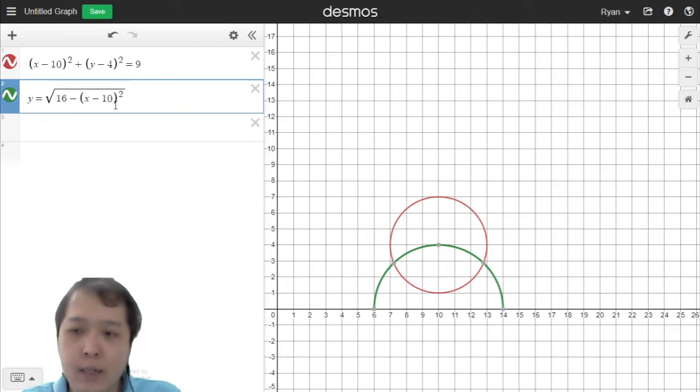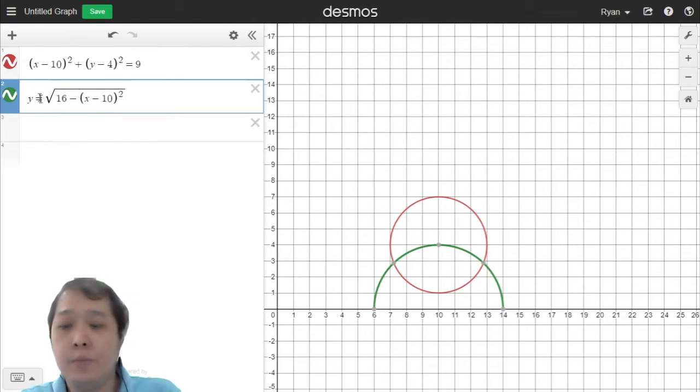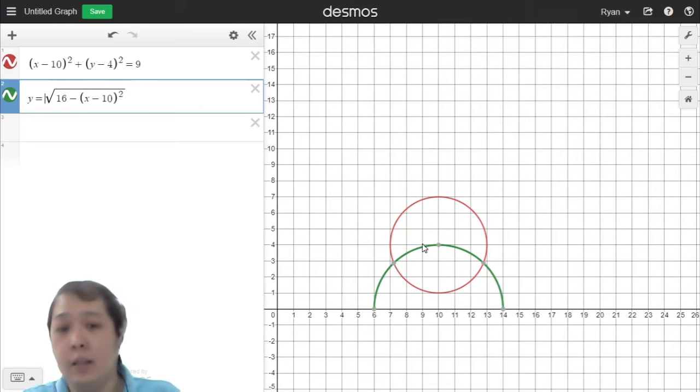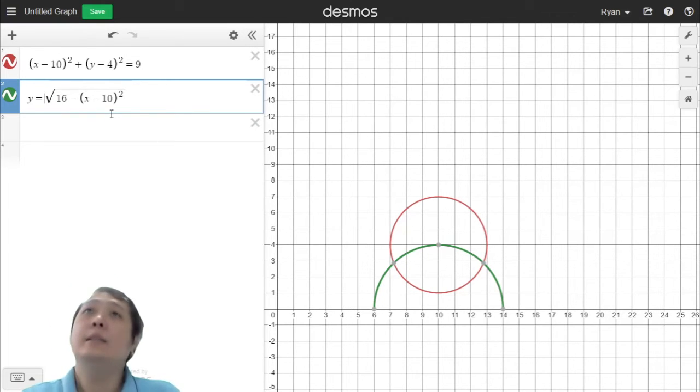What happened here? Because of the root, we are eliminating a half part of the circle, because the square root of negative numbers will be imaginary numbers. It will not exist here. It's imaginary. That's why it's called imaginary numbers. That's why it's only half.